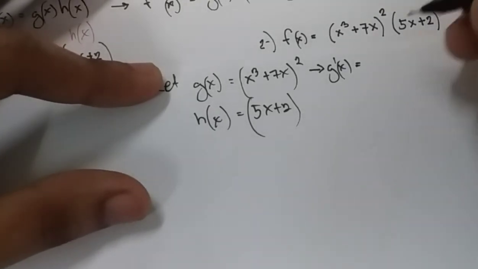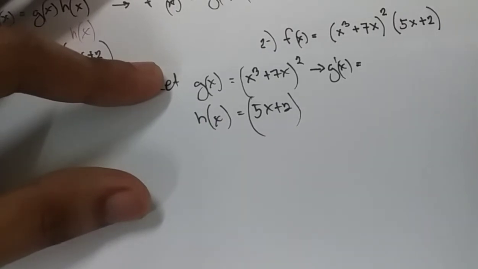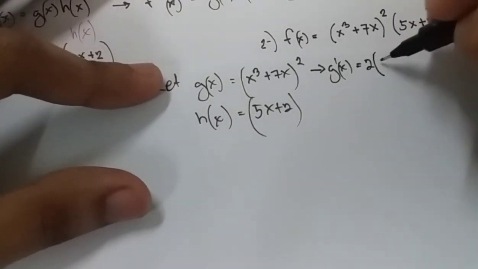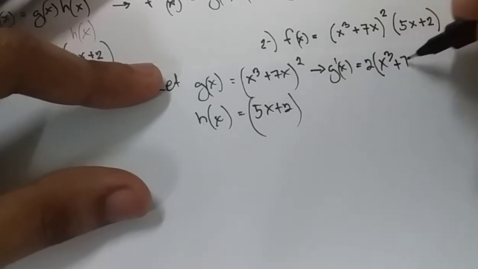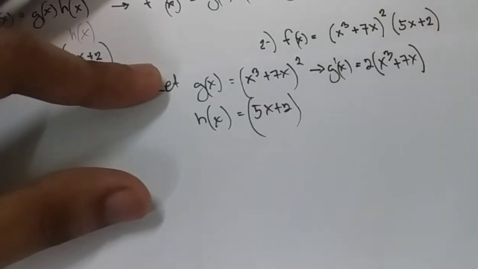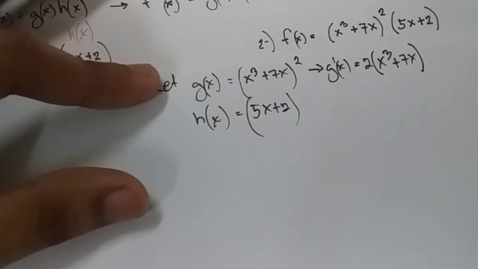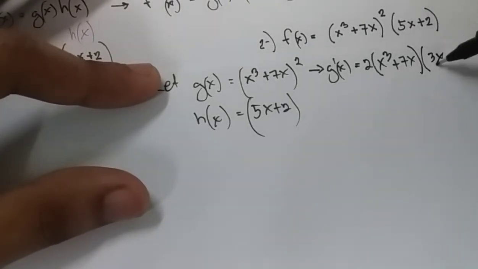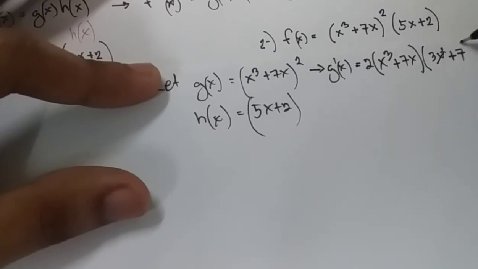By chain rule, we derive the outside and also the inside. For the outside, we have 2 times x cubed plus 7x. Then for the inside, we have 3x squared plus 7.